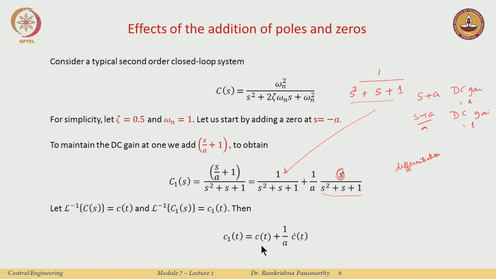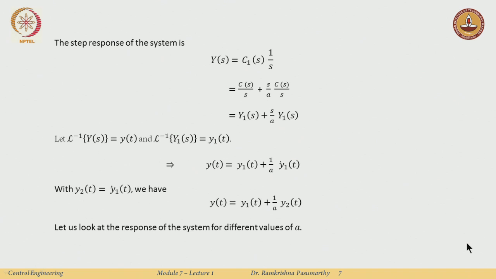If I were to write that properly, C1 of s is C of s plus s over a C of s, okay, and that is what happens here. So, this is Y1 of s plus s over a Y1 of s, right. I will just define the output corresponding to the original plant C as Y1.